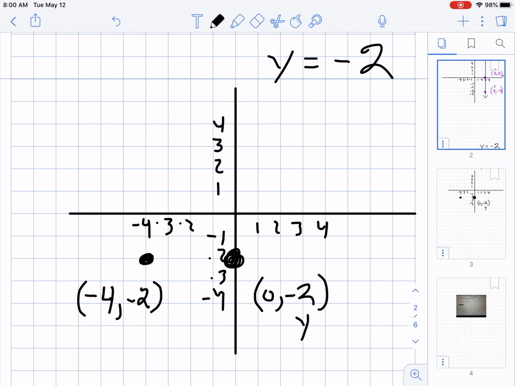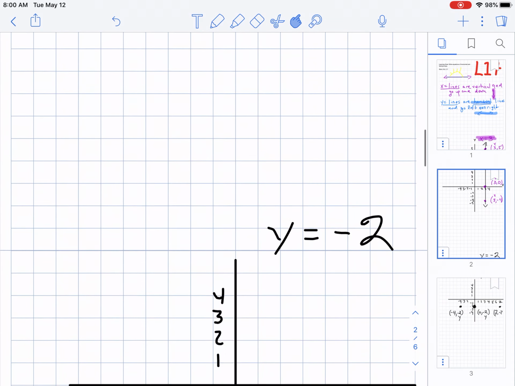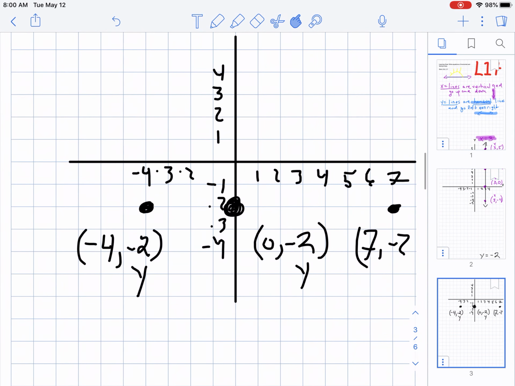You can also see that the y value at that point is negative 2. If I put a dot here, this point would be 7 and negative 2. So you can also see the y value at that point is negative 2.